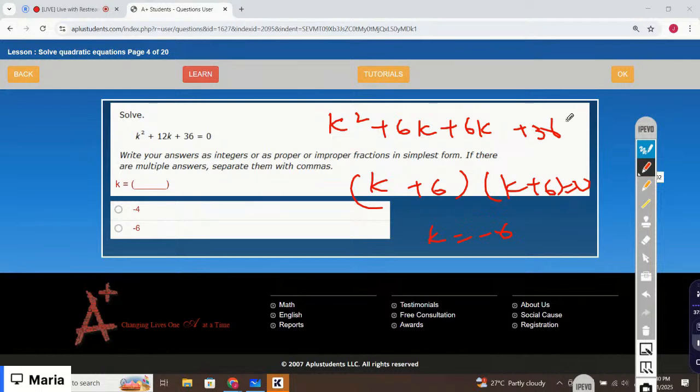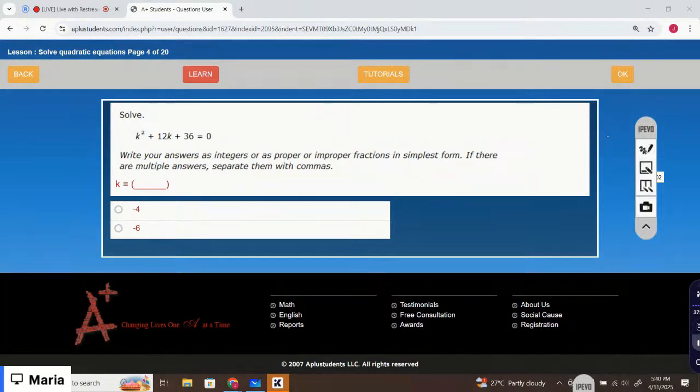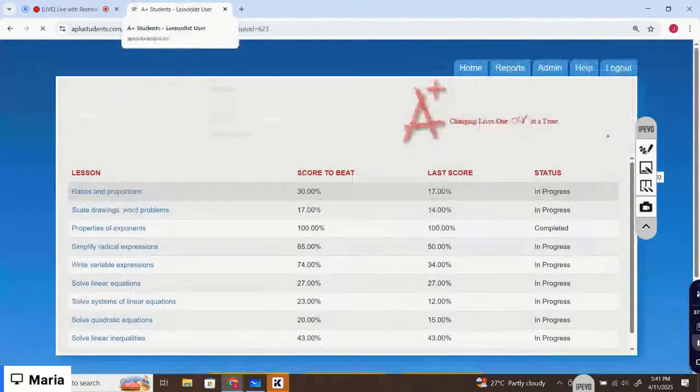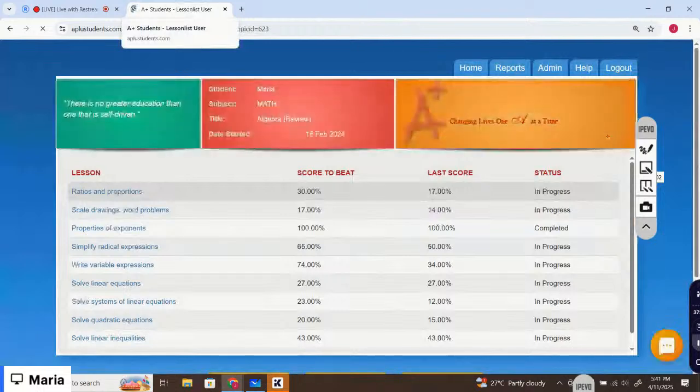Okay, you can complete the lesson by yourself today. So we were working on math. The chapter we were working on is algebra.